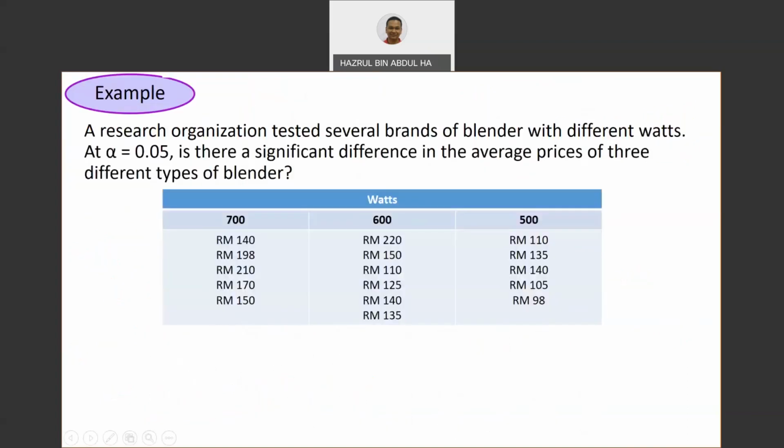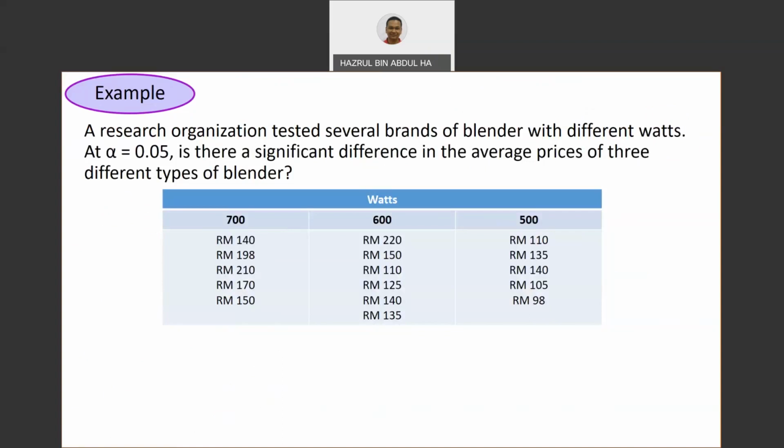In the second example, in ANOVA, a research organization is testing blenders with different watts.